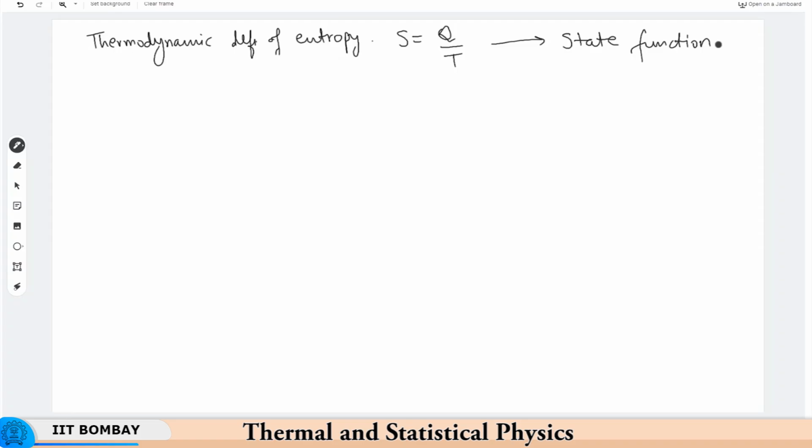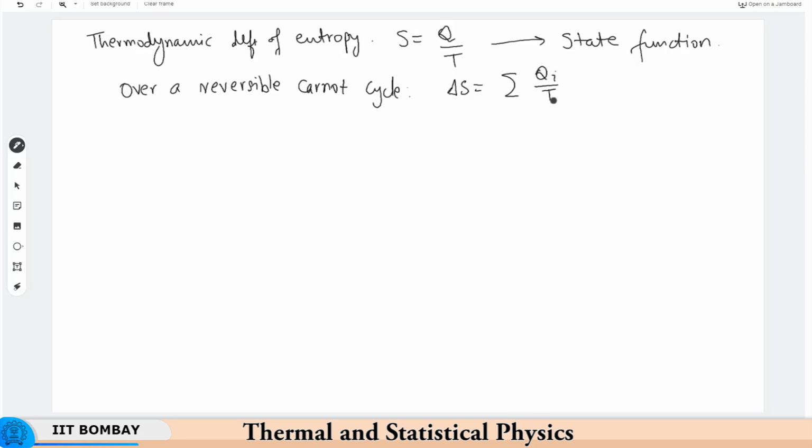And like I said, we saw over a reversible Carnot cycle the total change in entropy over a complete cycle.